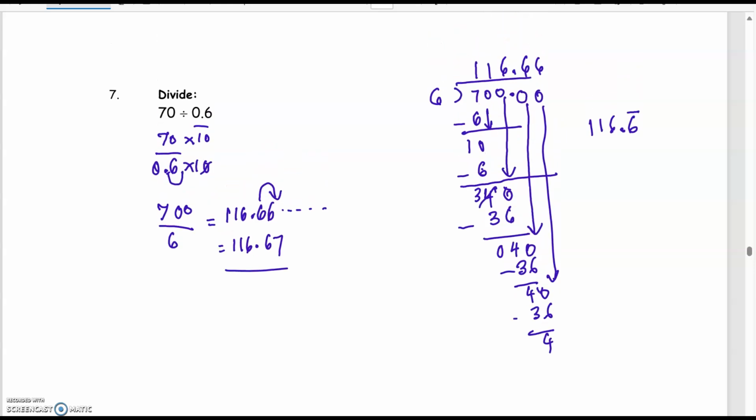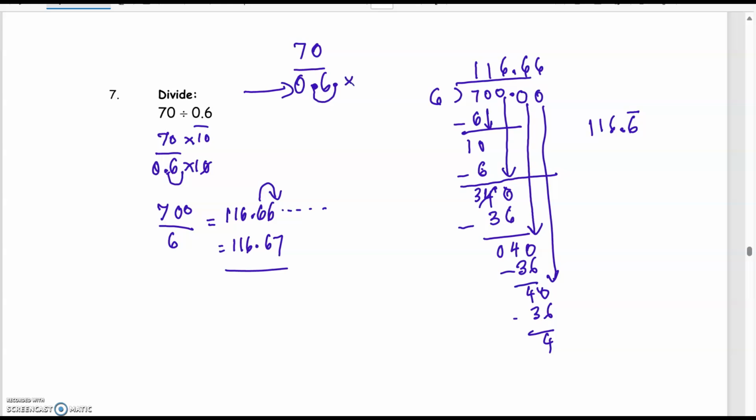We've done division before, we know the process, but the only thing we got to remember here is that the denominator or divisor cannot be a decimal number. You have to do something to get rid of the decimal place value. How would you get rid of the decimal place value? If you moved it to the right by 1.